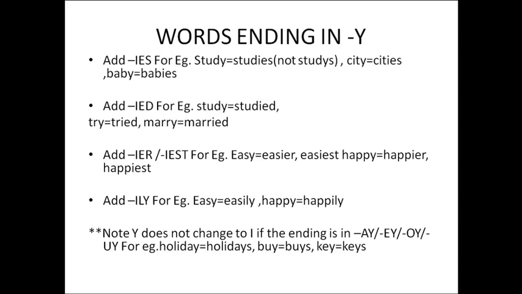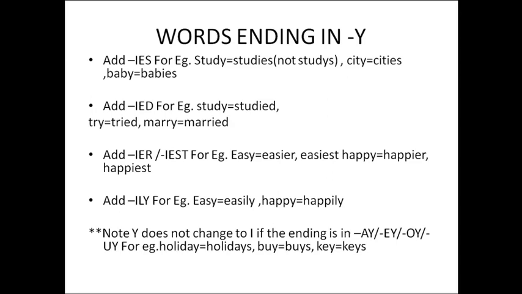Similarly, when we write a superlative degree or a comparative degree word, we need to add either IER or IEST. For example, easy becomes easier or easiest. Happy becomes happier and happiest.